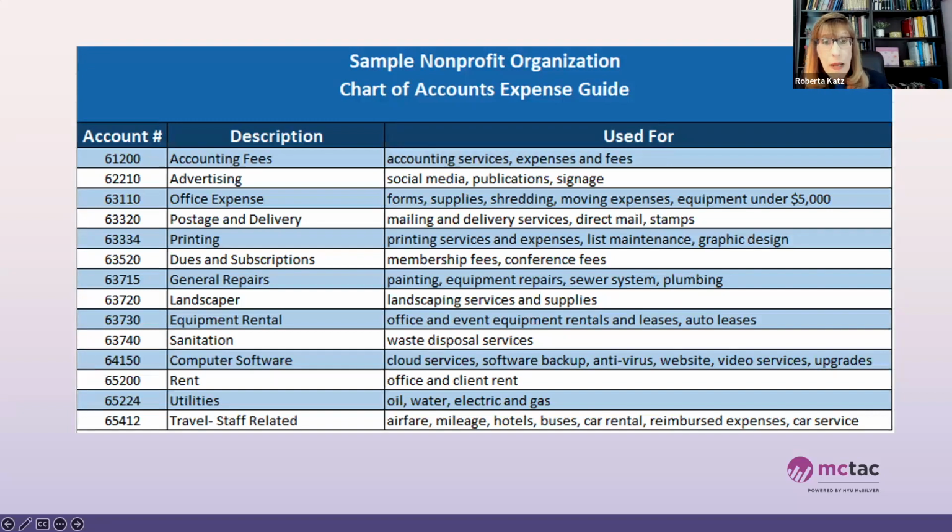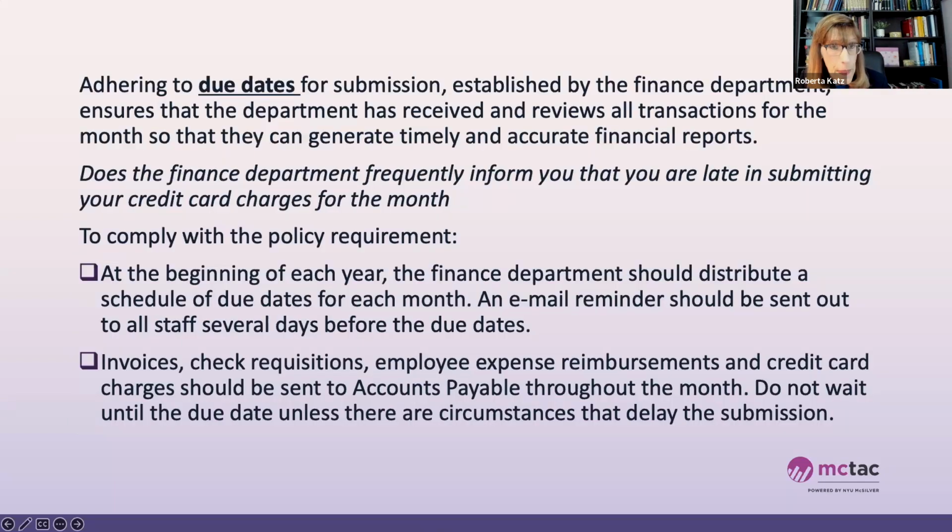If you incur expenses, if you purchase forms for your office supplies, shredding expenses, moving expenses, equipment under a certain threshold, these should all be coded to the office expense category. And if you don't have such guidance as this, I recommend that you contact your finance department to ask if they can give you some sort of guidance when it comes to coding.